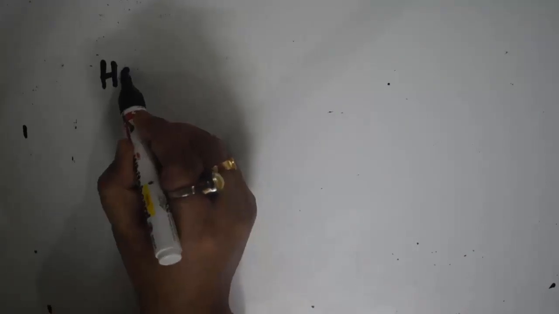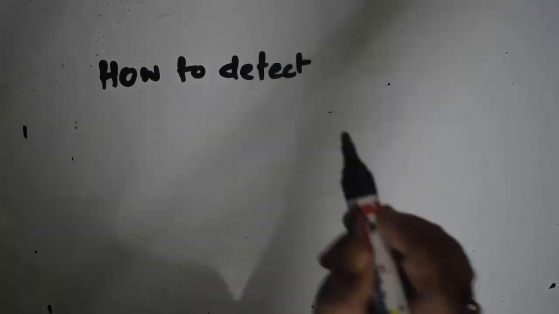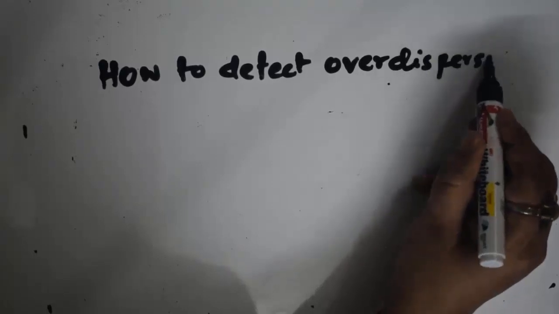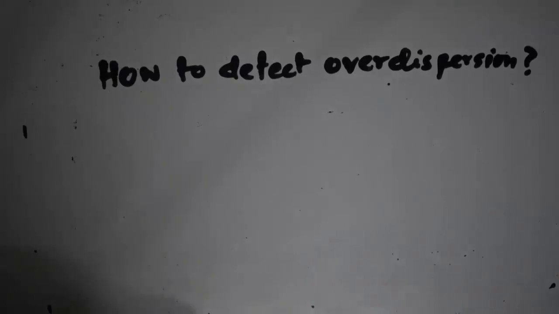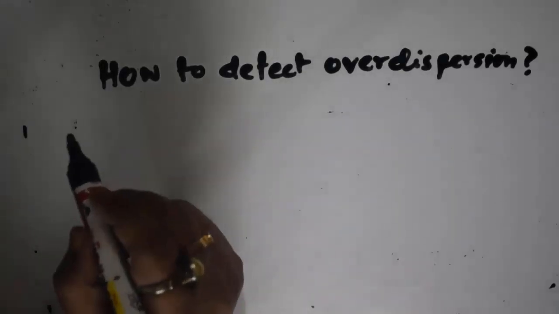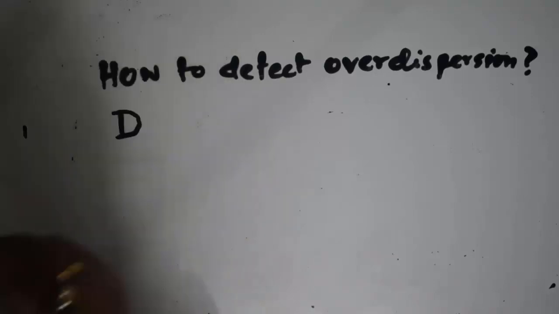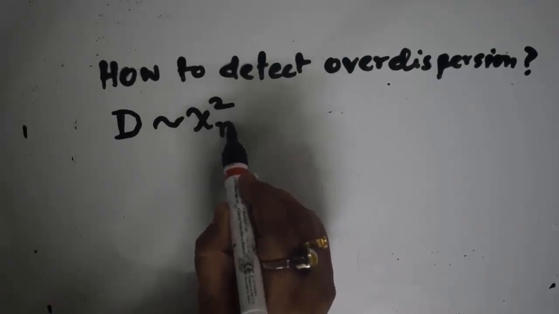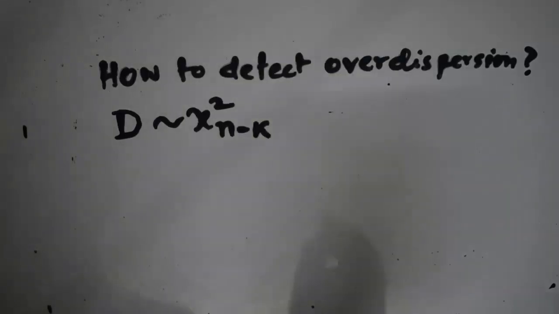Next, how to detect overdispersion. If the logistic model is correct, the asymptotic distribution of residual deviance D follows chi-square with n minus k degrees of freedom.